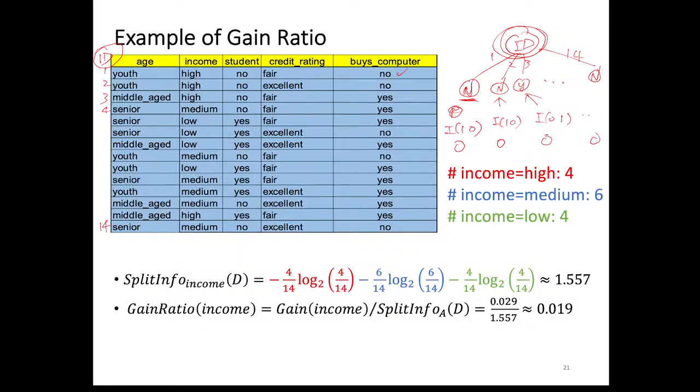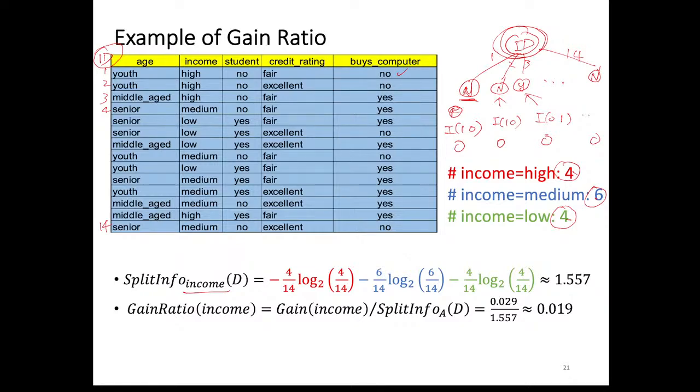If we use income as an example, the number of high income people is 4. The number of medium income people is 6. The number of low income people is 4. So we use this 4, 6, 4 to compute an entropy.